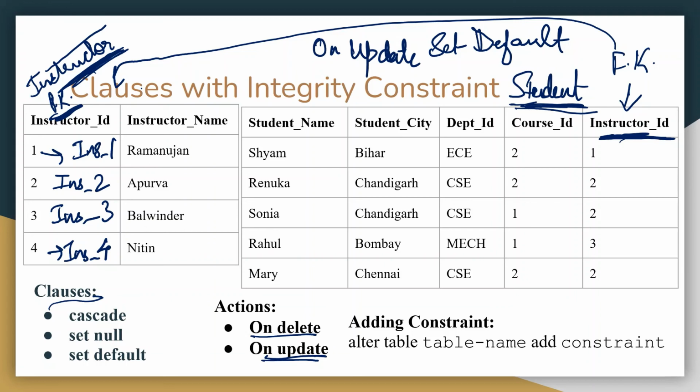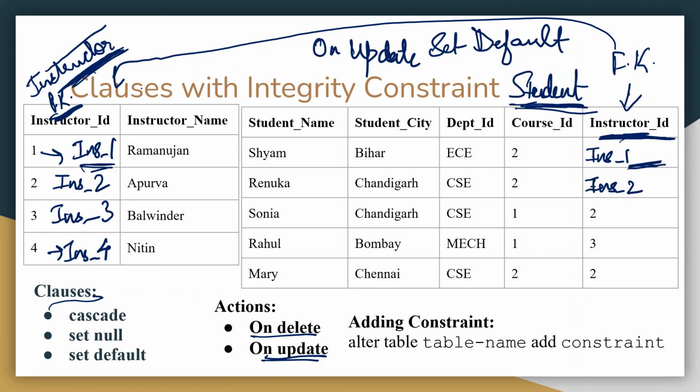So if I perform on update cascade, I'll change this to INS1, change this to INS2, and so on. Okay, and then on update set null will be what? On update set null. So if I have updated this as INS1, I should set null over here.